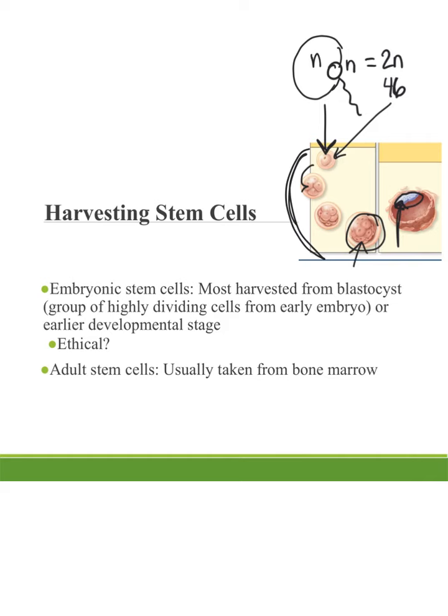The woman still has eggs that are collected, and sperm are collected from the male. They do this process in a test tube and allow it to start dividing. Then they insert the cell back in the female and hope that it attaches to the uterine wall. It's called in vitro fertilization.